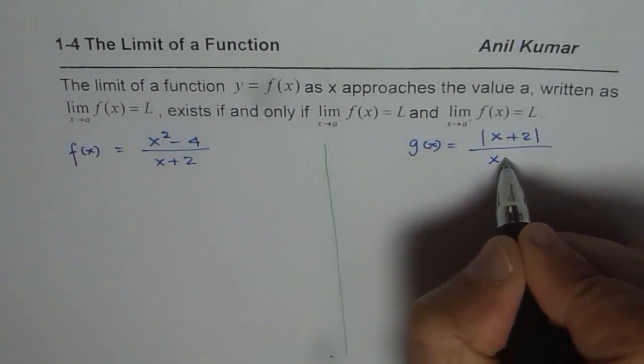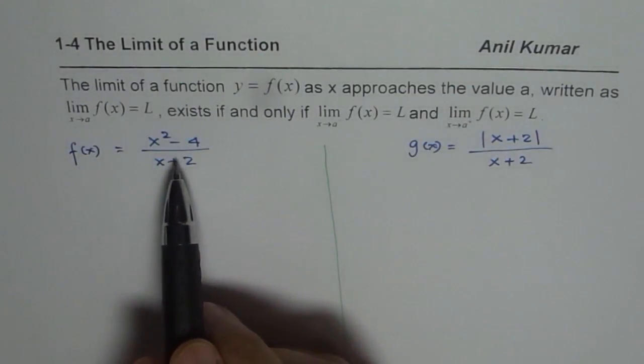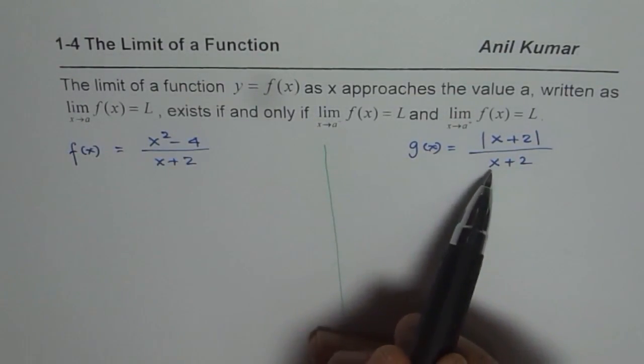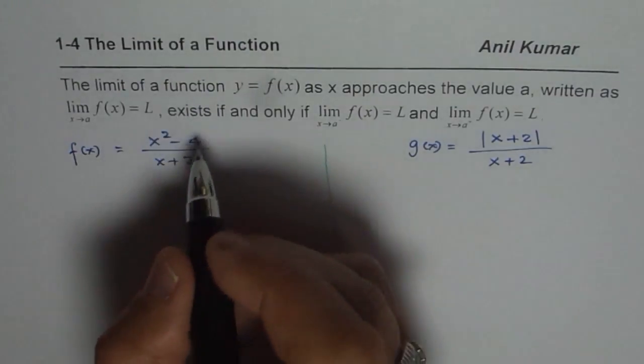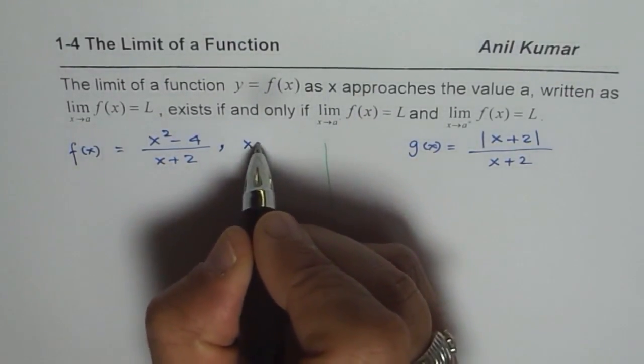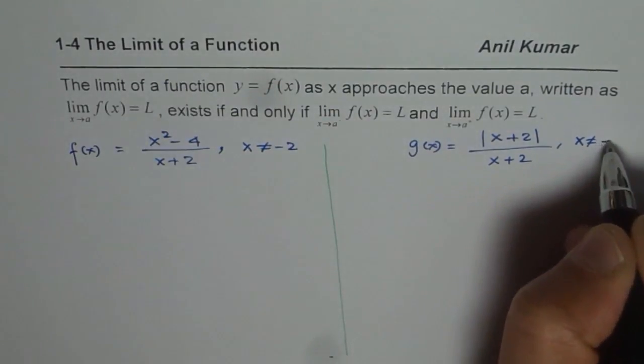It doesn't really matter. So I have taken a very similar kind of a function, and the idea here is to understand the limit of the function at x equals to minus 2, right? So here you observe that there is of course a restriction that x is not equals to minus 2 in both these functions, correct?